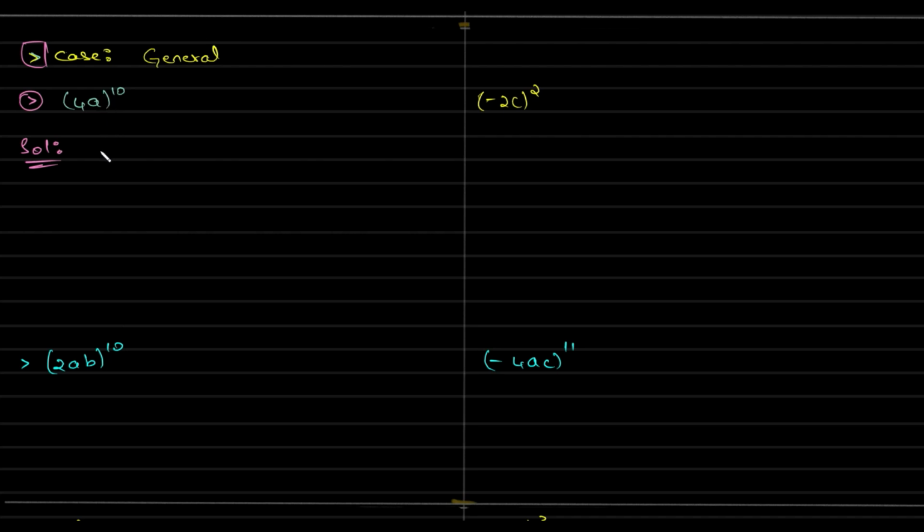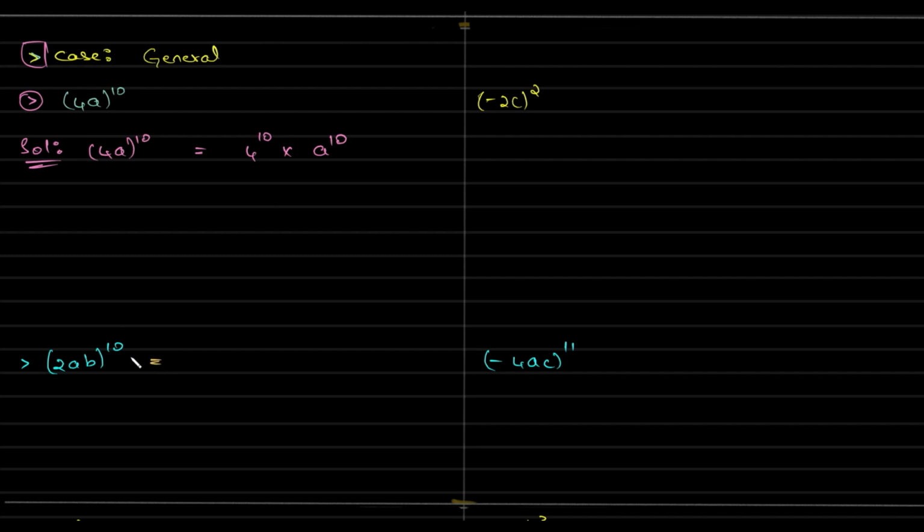So we have 2ab whole to the power of 10. That means 2 has to be multiplied 10 times, a has to be multiplied 10 times. That's it. Quite simple, right?